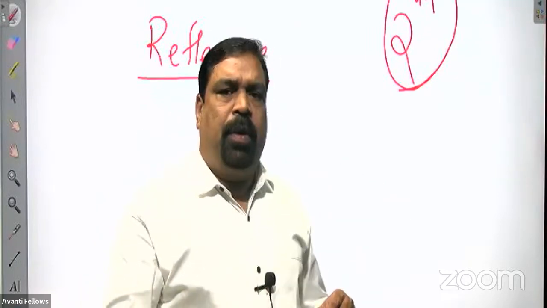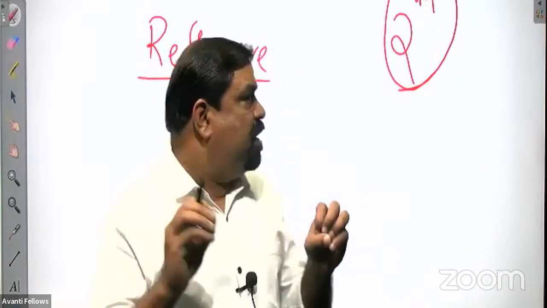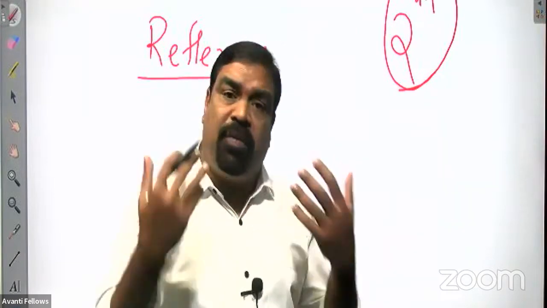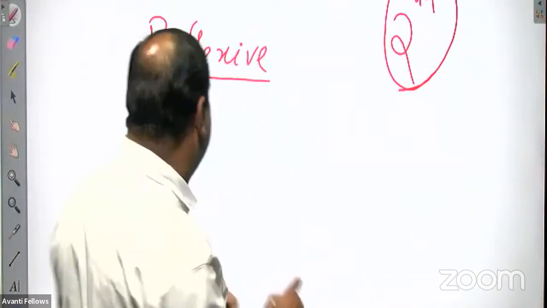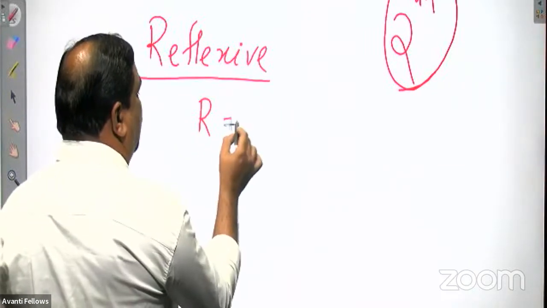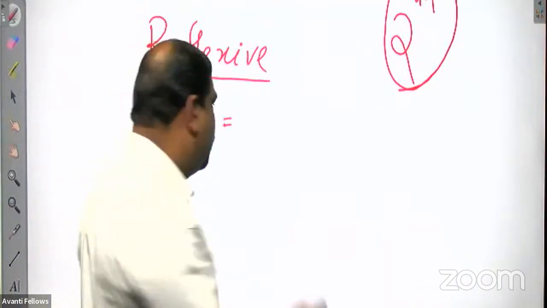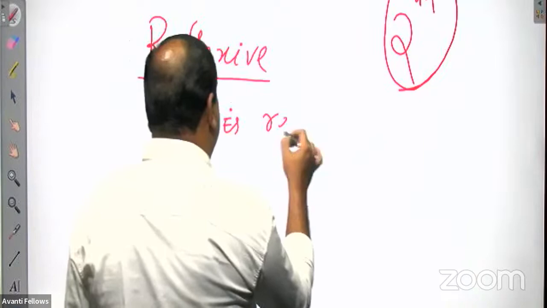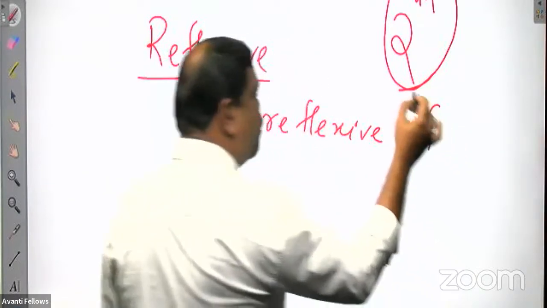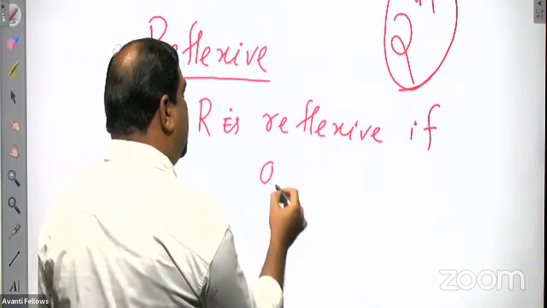So, what is meant by a relation which is reflexive? When we say that a relation is reflexive, the definition, everybody knows. A relation R is said to be reflexive if every element of A is related to itself.